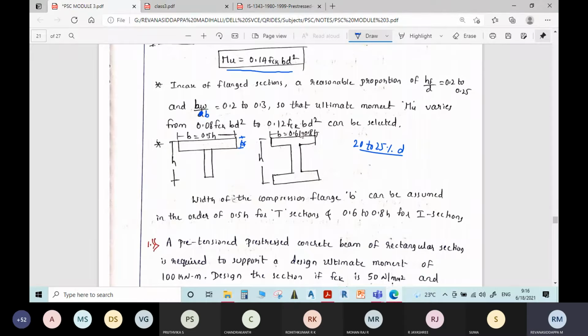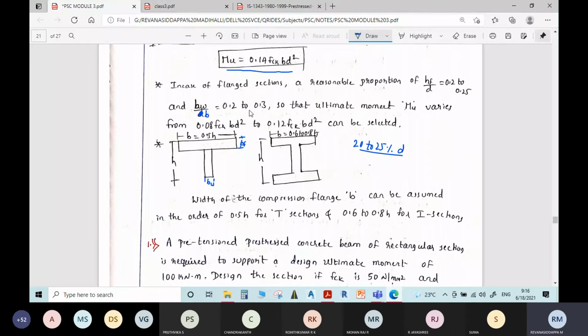This is chosen as 0.2 to 0.3 times B. The width of the web is chosen as 20 to 30% of the width of the flange.